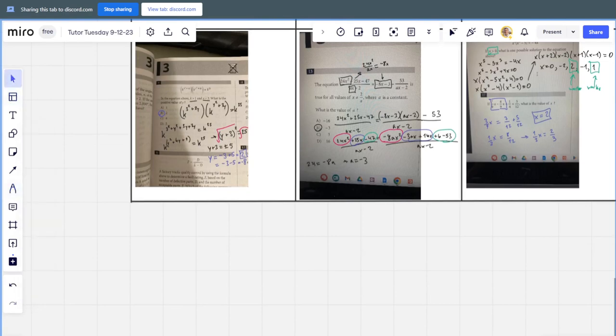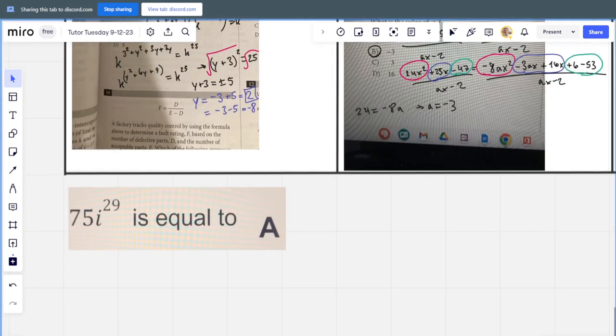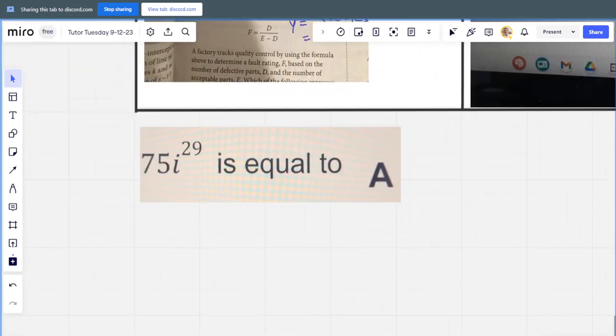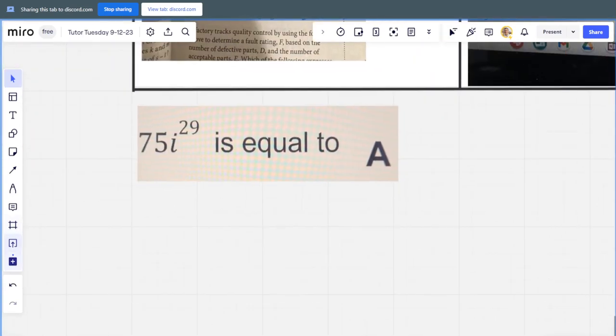The next one that I was sent, I'm gonna do this one. 75i to the 29th. What I always do with i is just divide by 4 and take the remainder. This is 75i to the 28 plus 1.